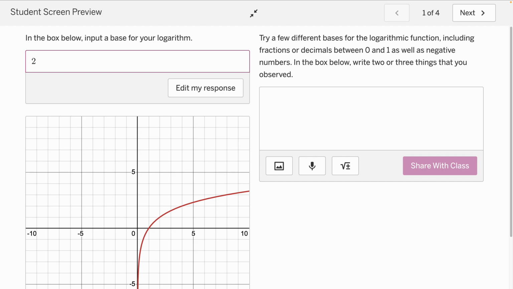I'm going to give you a little bit of time to do that. It's the very first one. You can go full screen that way. It's easier to see. So again, you're just sampling a lot of different bases that it could be, looking to see what's going on there.